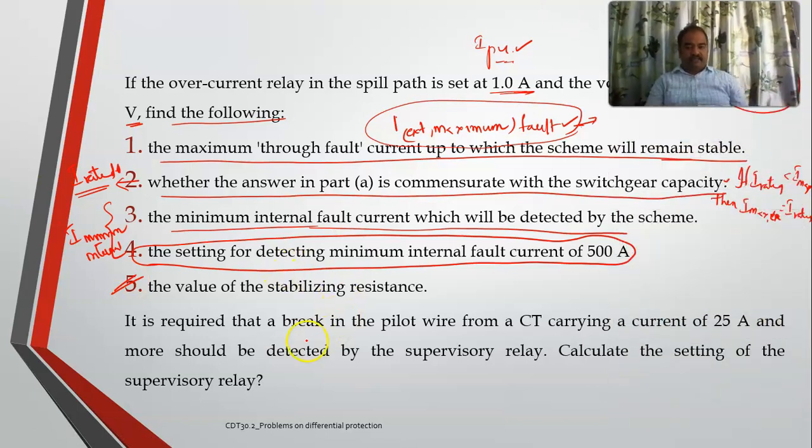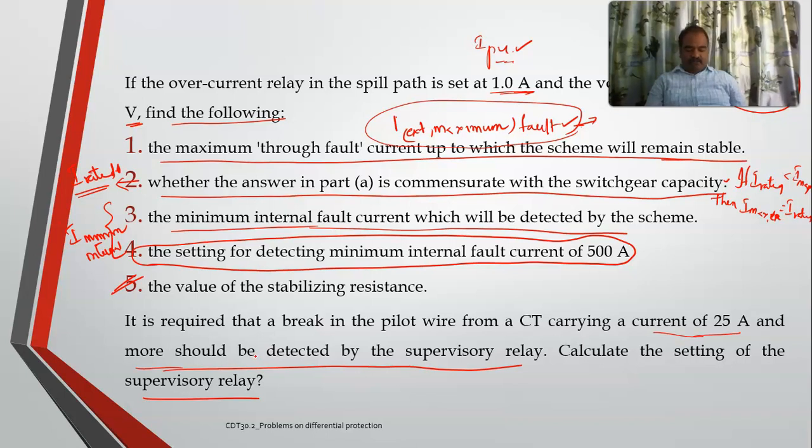It is required that a break in the pilot wire from a CT carrying a current of 25 amperes and more should be detected by the supervisory relay. So they are asking calculating the setting of supervisory relay also, which means that they are asking so many questions here regarding the maximum external fault current, minimum internal fault current, and also stabilizing resistance and supervisory relay setting. Let's calculate one by one each of them.